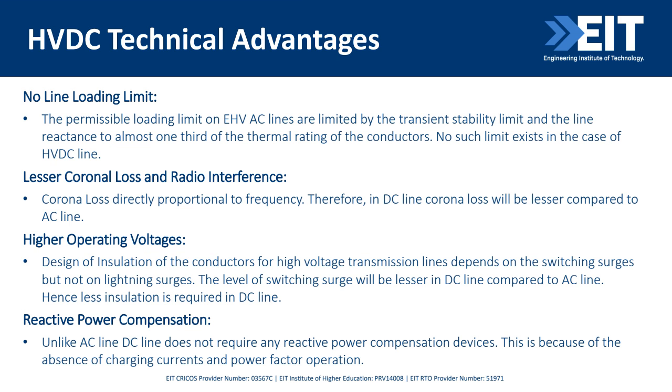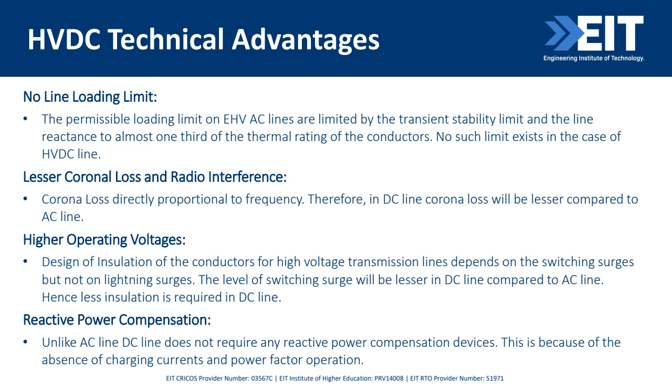The level of switching surge will be less in a DC line compared to an AC line. So that means we need less insulation in a DC line, or in other words, we can achieve higher voltages on a DC line as compared to an AC line.